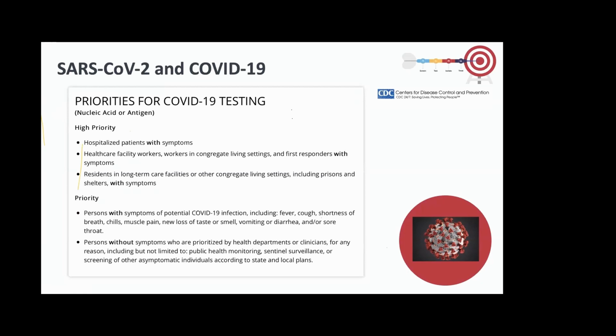So those patients who need to be hospitalized, or a healthcare facility worker who is in contact with a person who had symptoms, or residents of a long-term facility, including those people in correctional facilities such as jails and so on. But it doesn't mean that for other patients who have mild or moderate symptoms, you don't do the test, but they are not a higher priority. So they will not be done on the first or second run by the lab. They will be done thereafter.